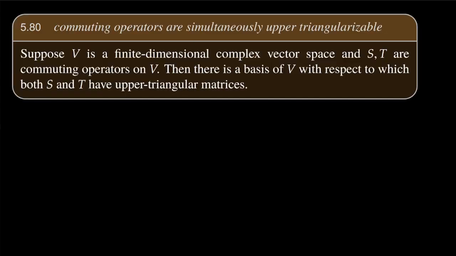Here we're saying that commuting operators on any finite dimensional complex vector space are simultaneously upper triangularizable. We are not necessarily claiming immediately that S and T are already upper triangularizable. It just turns out that the only things on finite dimensional complex vector spaces that can commute are things that can be made upper triangular in the first place. It's kind of cool, actually.